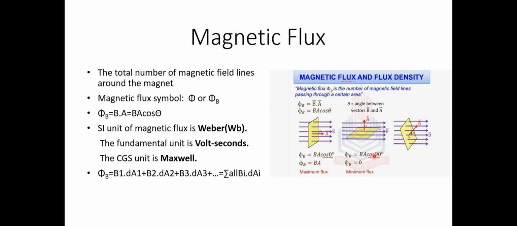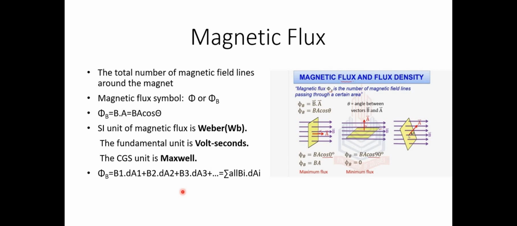To get the minimum flux value, cos theta should be 0, and hence phi B also will become 0. For the cos theta value to be 0, we have to put 90 degrees in the place of theta. The unit of magnetic flux is Weber in SI units, and in fundamental units it is volt seconds, and in CGS units it is Maxwell, but familiarly we use Weber for magnetic flux.